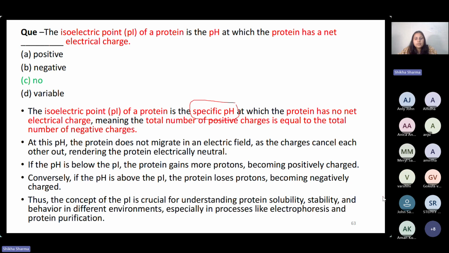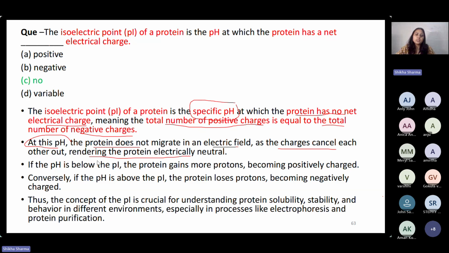At a specific pH, the protein has no net electric charge, meaning the total number of positive charges is equal to the total number of negative charges. At this particular pH, the protein does not migrate in an electric field as the charges cancel out each other, rendering the protein electrically neutral.